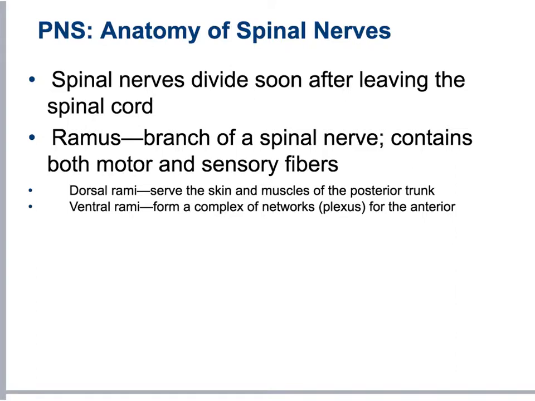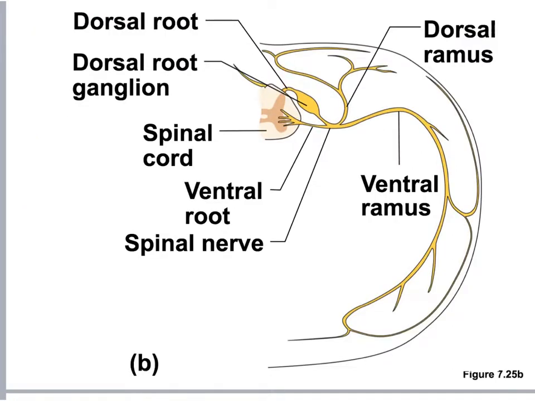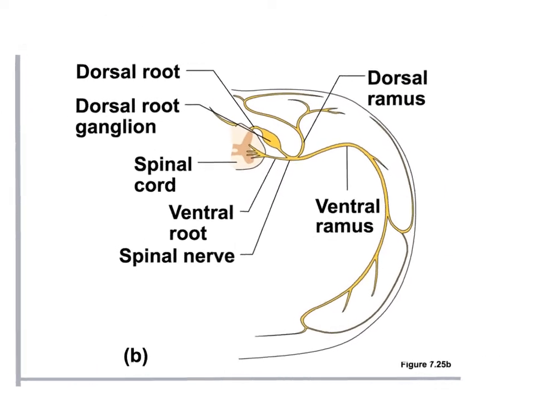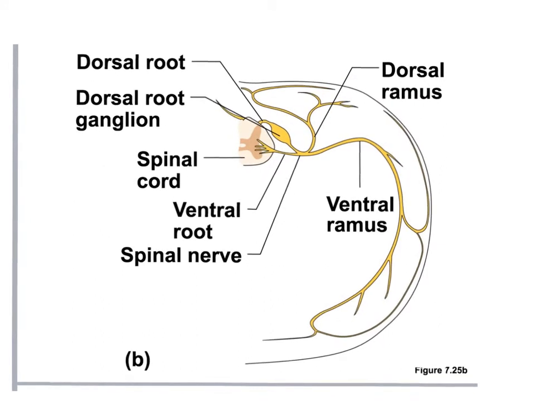Dorsal and ventral rami. The dorsal rami serve the skin and muscles of the posterior trunk. Whereas the ventral rami form this complex network, what they call plexuses, for the anterior. Here's a good visual I was trying to draw, but I didn't really do a good job of it. This is better. All right, here's your dorsal ramus.